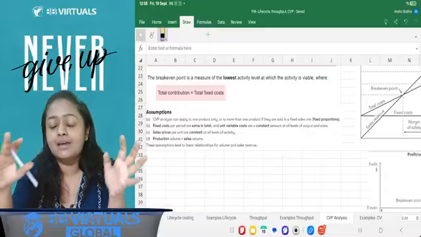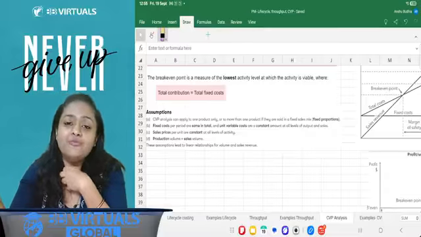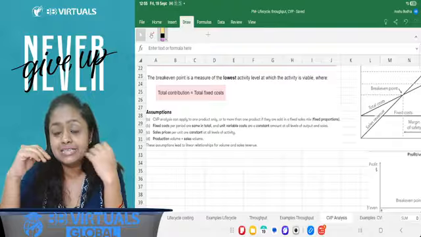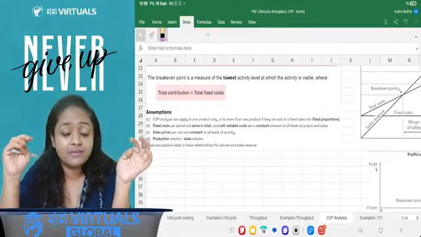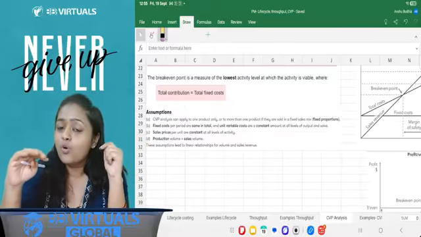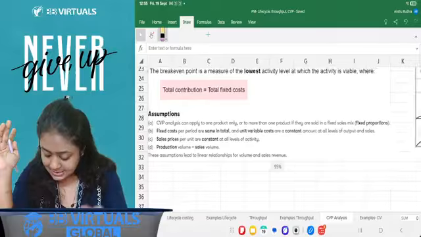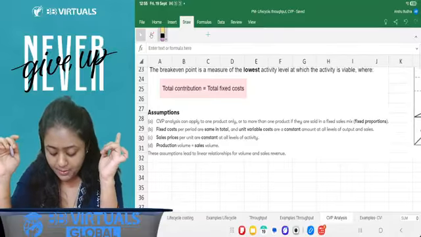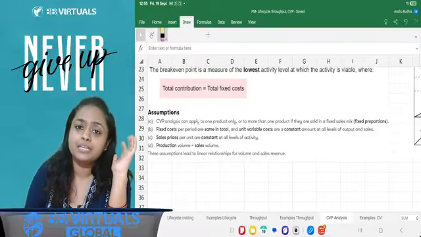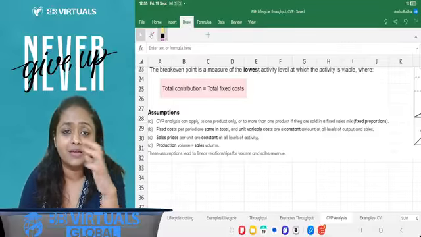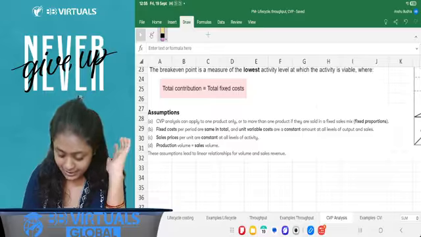This is a disadvantage of CVP analysis, that we take too many assumptions which are always subject to change. Number one, CVP analysis can apply to one product only. If there are multiple products, then we have the products in the weighted average ratio. So don't worry about that.